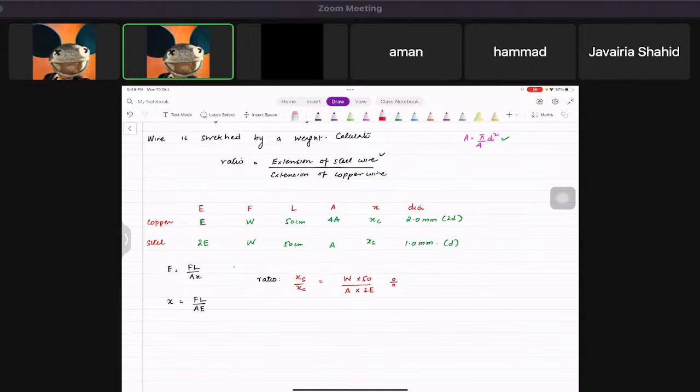The extension of copper. Now let's look at copper. So force was W, the length was the same, area was 4A, and the Young modulus was just E. Do you guys understand what I've done?